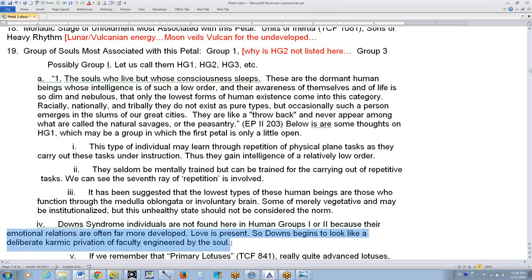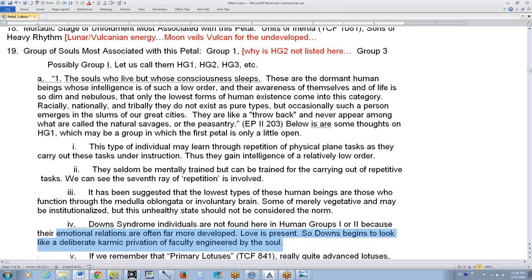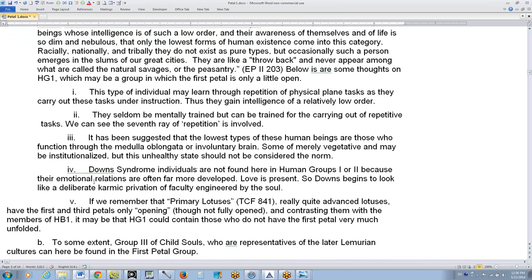And I realize I'm spending some time here trying to make this look like it's really in order. So if we remember that primary lotuses, TCF 841, are really quite advanced lotuses and have the first and third petals only opening, though not fully opened, and contrast them with the members of human group 1, it may be that human group 1 could contain those who do not have the first petal very much unfolded, as much as needs to be.